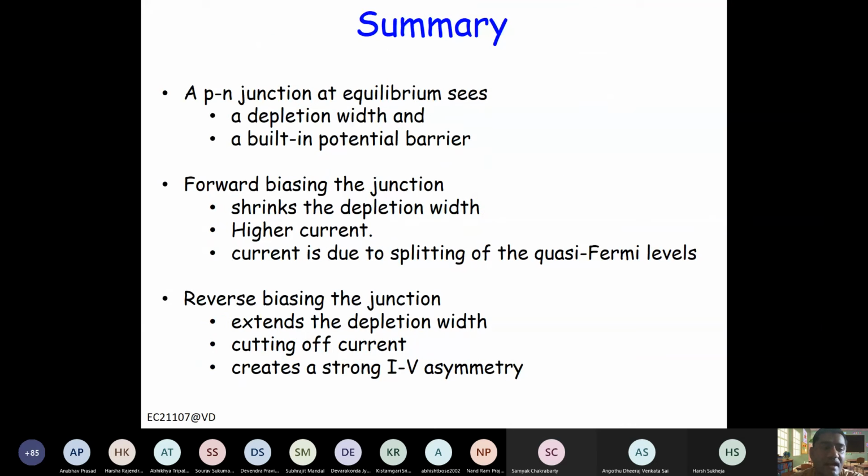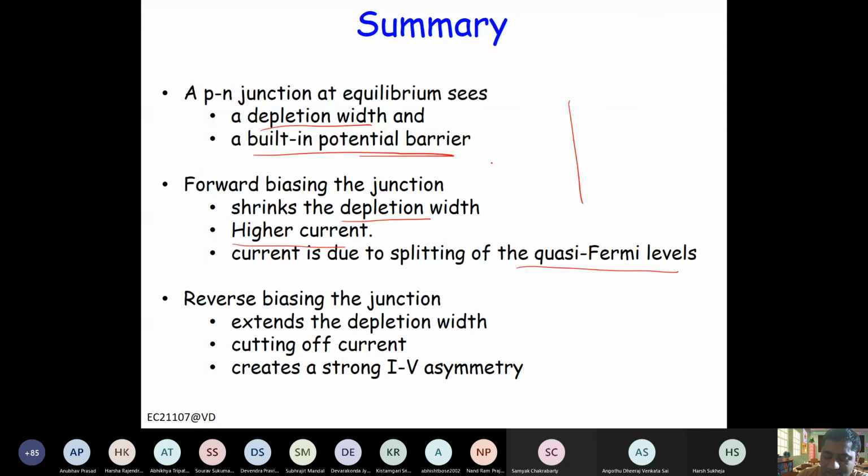Summary. So a PN junction at equilibrium has a certain depletion width and a built-in potential barrier. In forward bias, the depletion width and the barrier both shrink. And of course, you have higher current, which is mainly due to diffusion. And there is a splitting of the quasi Fermi levels in both cases, in forward bias and reverse bias.